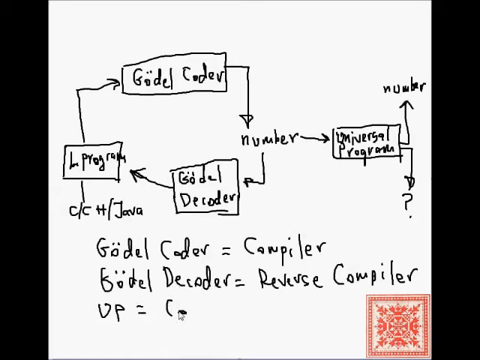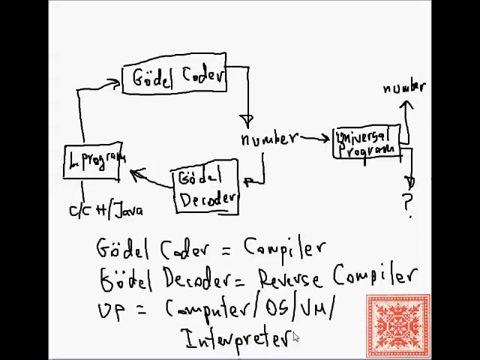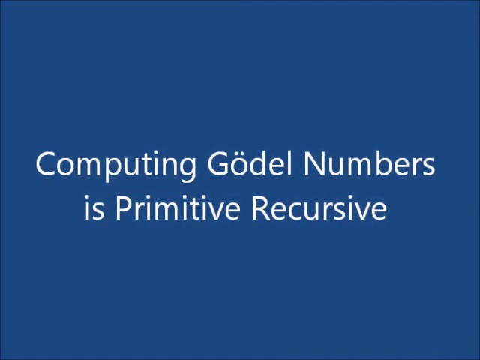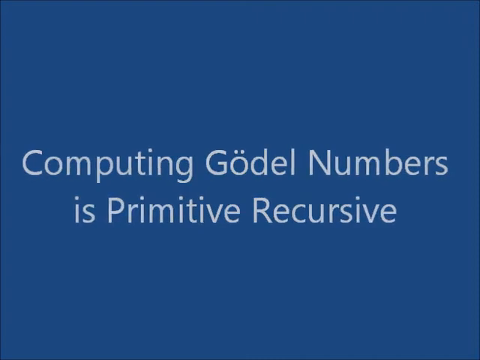And the universal program or universal machine can be compared to the digital computer or operating system or virtual machine or interpreter. So that's the big picture of why computer scientists should care about Gödel numbers, because they essentially give us the mathematical theory of program compilation and execution.